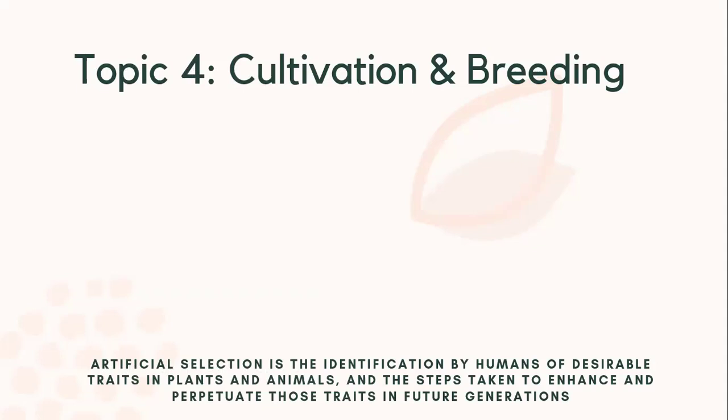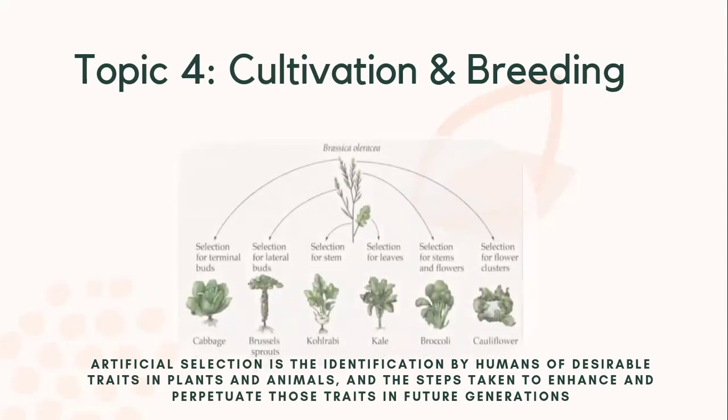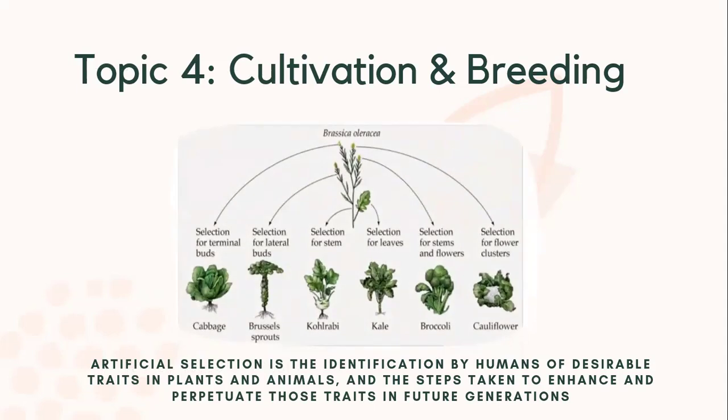Cultivation and breeding: the simplified way to explain it is like this. From one plant, the mustard plant, Brassica, people who knew selective breeding were able to produce several varieties.